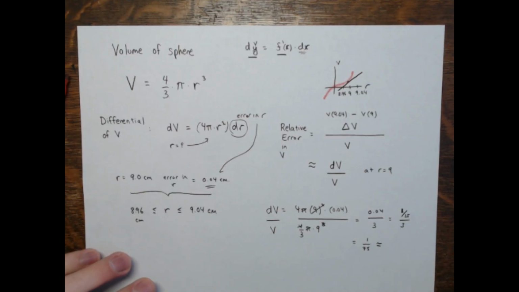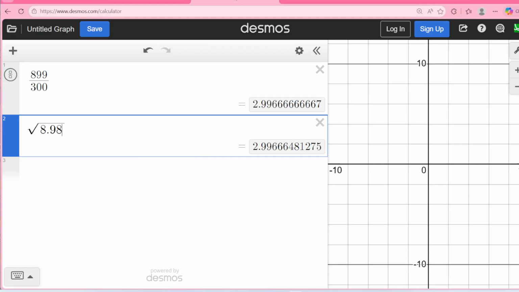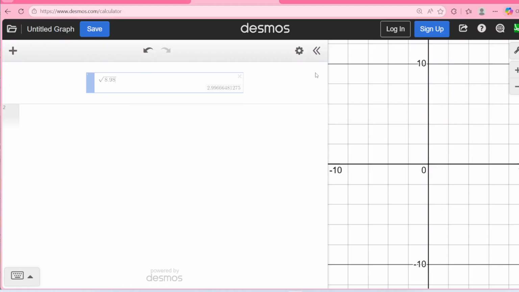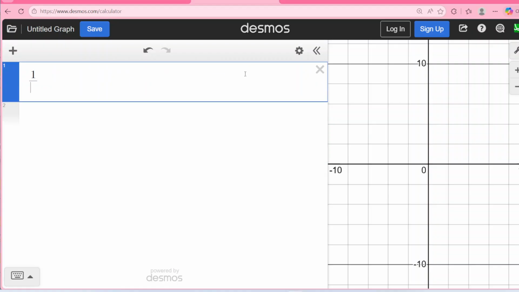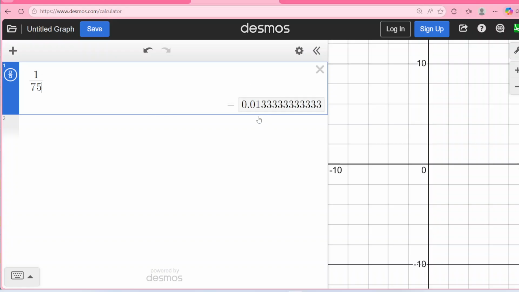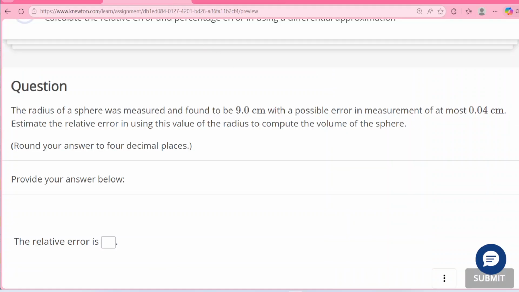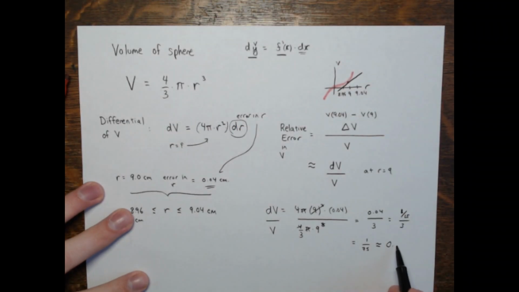So let me go punch 1/75th in some calculator. So here's Desmos, 1/75th, rounded to 4 decimal places, 0.01333, so 0.0133. So again, this is relative error.